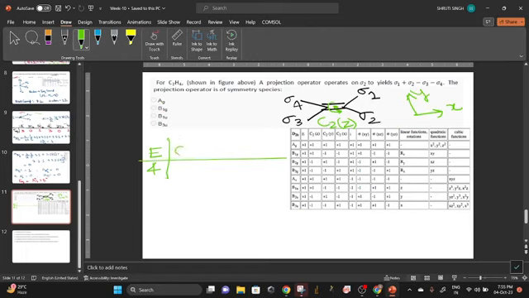Under C2Z, C2 is coming out of the plane of the screen.